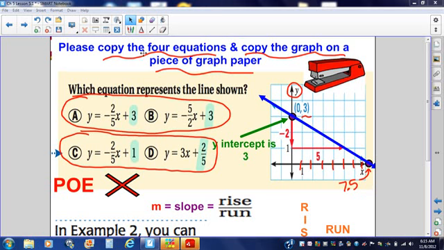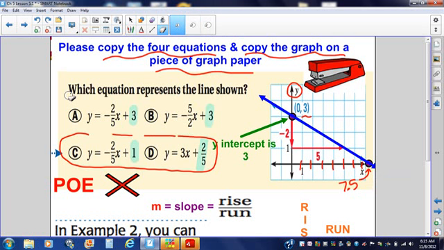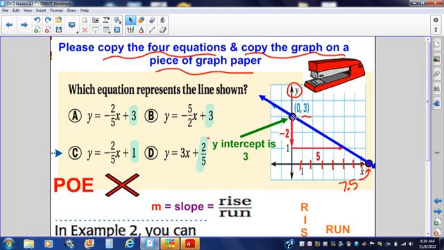Alrighty, now that you've copied the 4 equations and drawn your graph on a piece of paper, let's make a couple observations. The question is asking us which equation represents the line shown. If you look at my picture, the first thing I can tell is that the y-intercept is 3, right here.